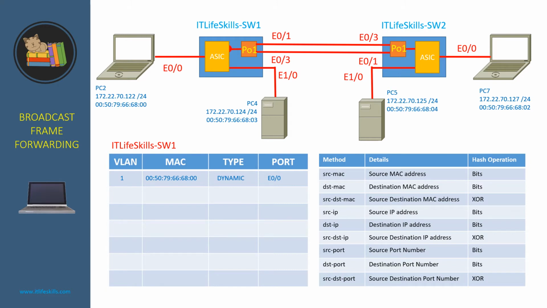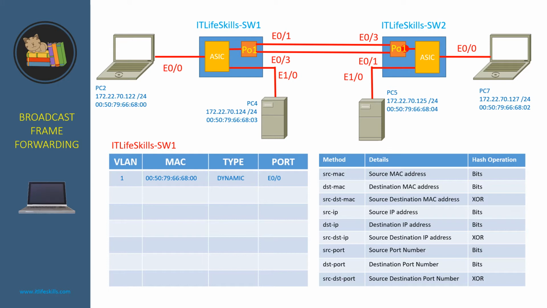When the broadcast frame reaches the port EtherChannel 1, the switch will use one of the load balancing methods in this table configured on Switch 1 to select one of the links over here. Let's assume the port E0/1 is selected. So Switch 1 forwards the broadcast frame via the port E0/1.